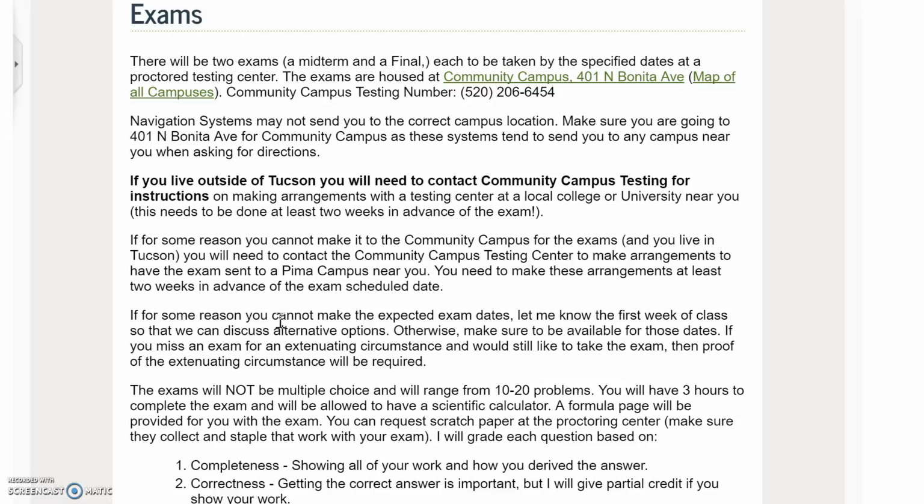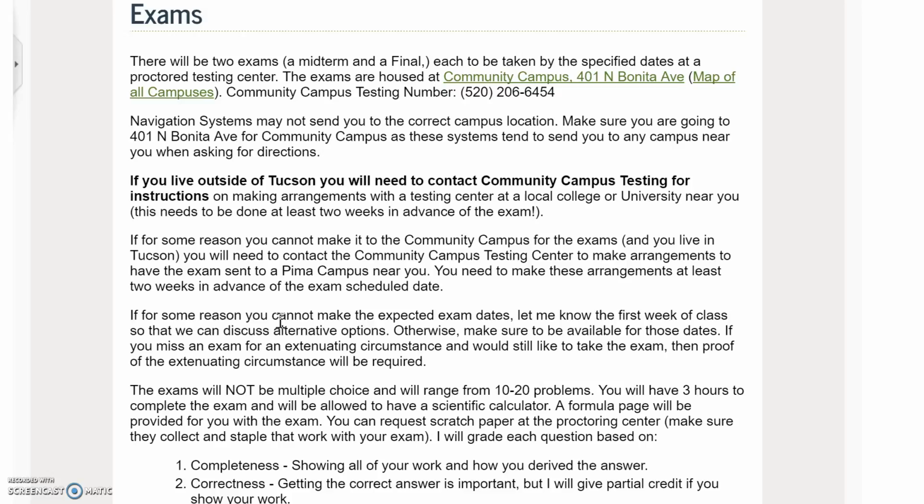The exam can be offered at any PIMA campus, so that's East Campus, Downtown, West, Northwest Campus, and Desert Vista. If you need to take an exam at a different location, let's say you're not in Tucson or not close to Tucson and you're taking this class, then you need to contact Community Campus, and that's the 206-6454.